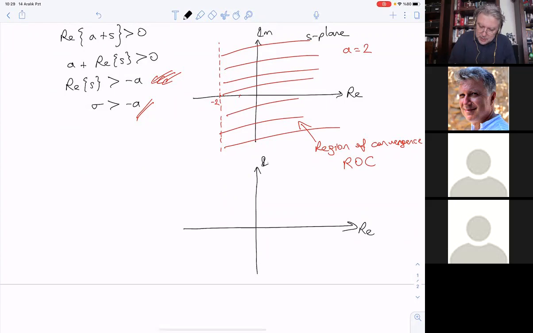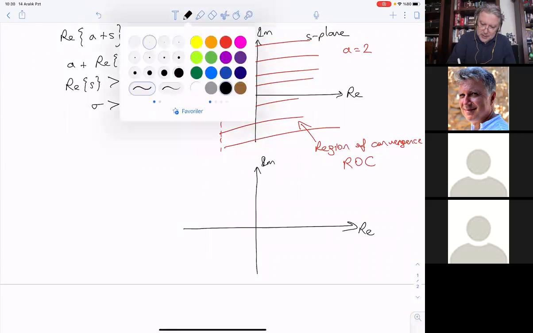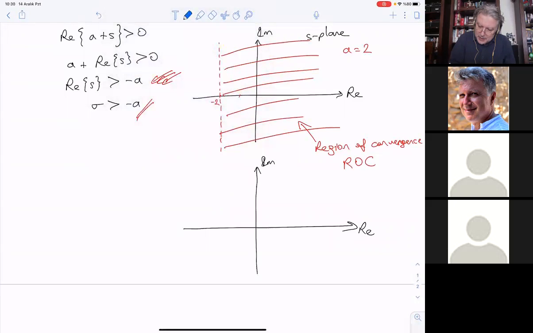And we have an imaginary part here. And let's assume that with a different color, blue this time, a is equal to minus 2. If a is equal to minus 2, by the way, e to the minus at becomes e to the 2t u of t, which is a growing exponential, and the Fourier transform does not exist. That's a problem.